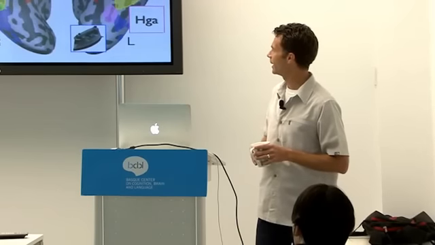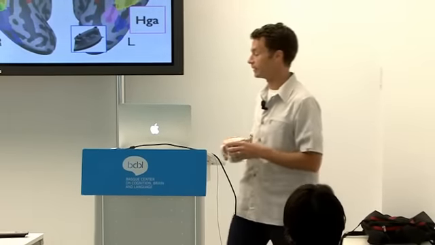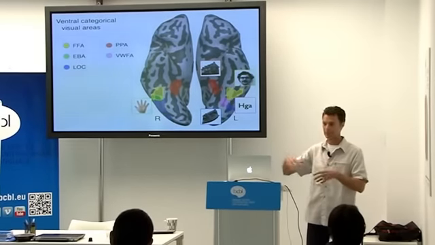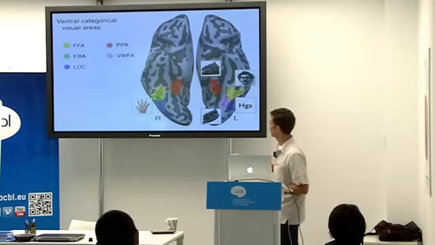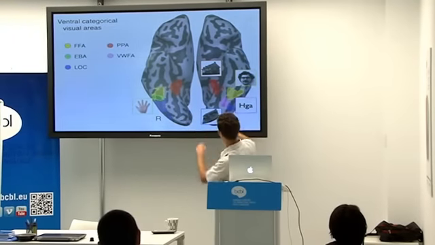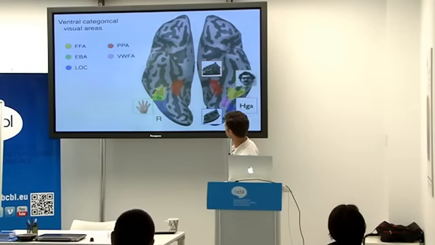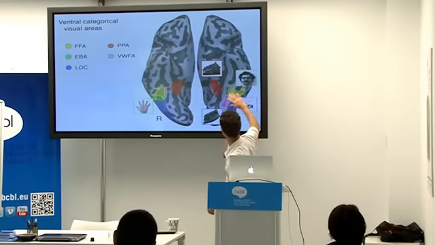So this is a view of the underside, the ventral surface of the brain, after each hemisphere has been digitally inflated. So these are quite common representations these days of data. So what we're doing is we're looking at the brain from the underside. So this is the back here. The front up there is where the eyeballs would be. And so this is the occipital lobe, and then coming into the temporal lobe here.